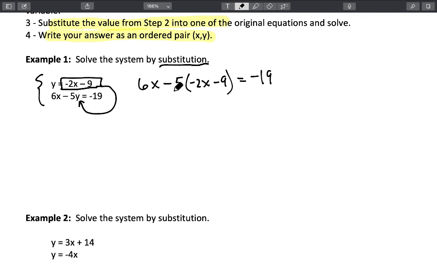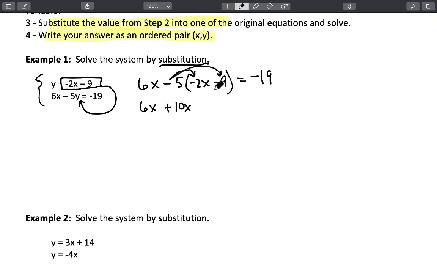Now you can see I have an equation that's just written in one variable. When I have an equation in two variables, I can't solve for either one. So if I can get rid of one of the variables, then I can write an equation that I can find the value of that variable for. All right, moving forward now, we're going to simplify, and I need to distribute this negative 5 into my parentheses. So negative 5 times a negative 2x is positive 10x.